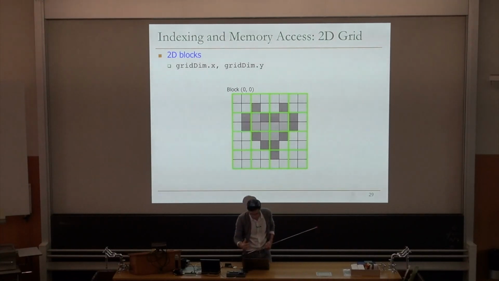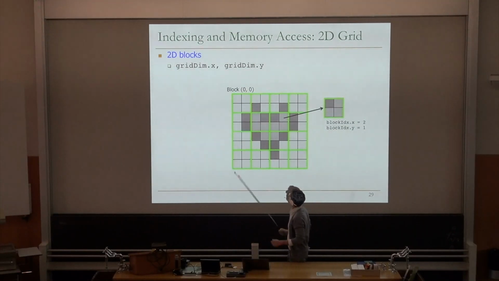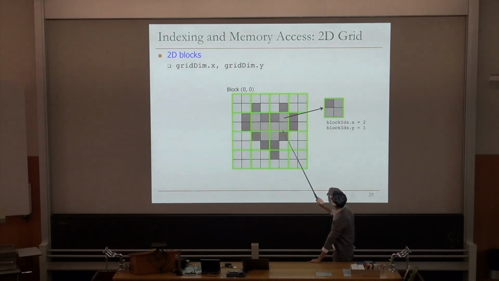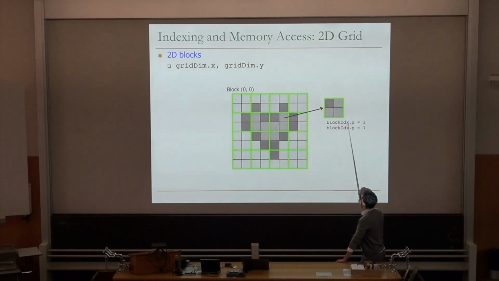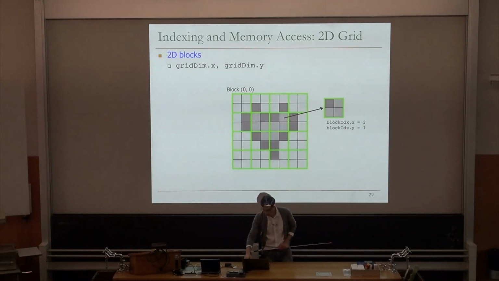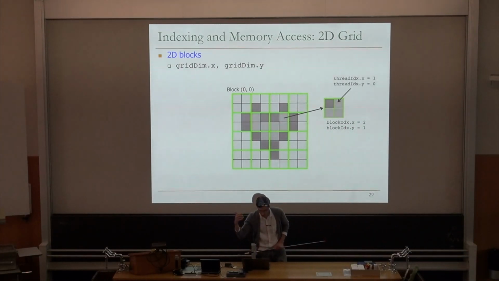And here not only the grid, but also the blocks are two-dimensional. If we look at this thread block here, the thread block that is going to operate on these 4 pixels, this would be thread block 2, 1, right? x equal 2, y equal 1. And this is thread 1, 0.